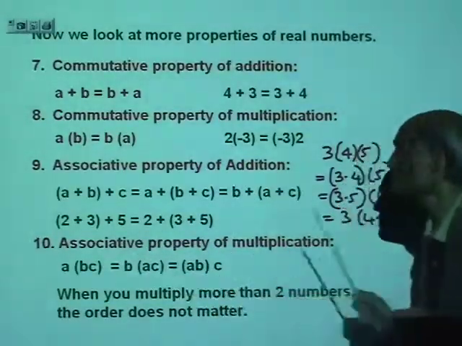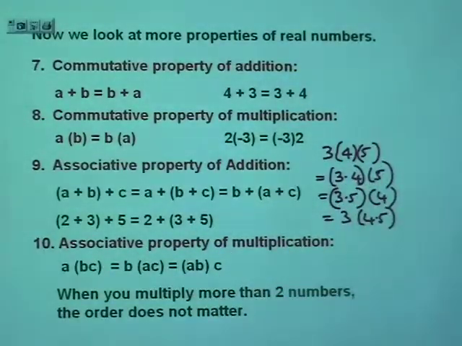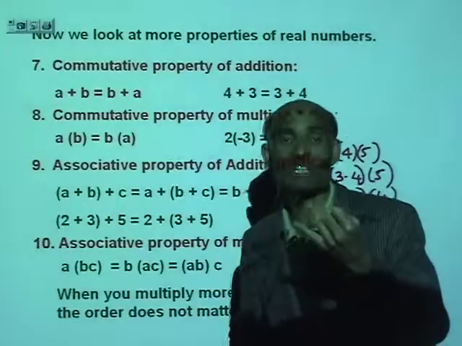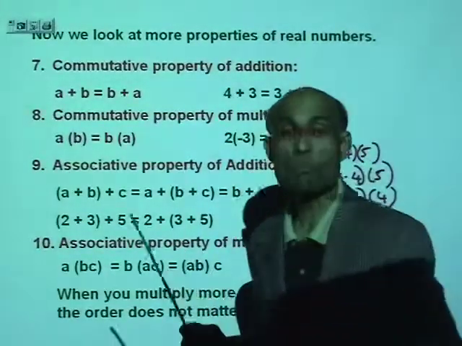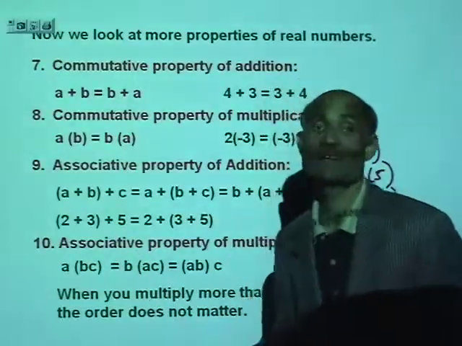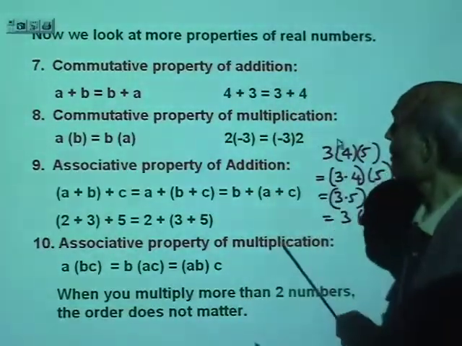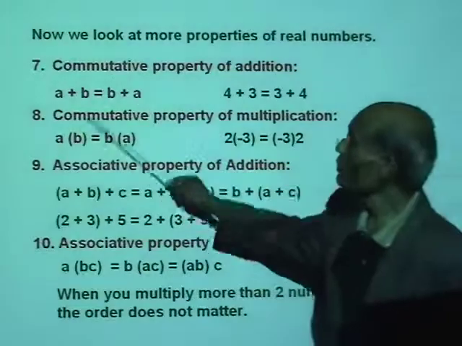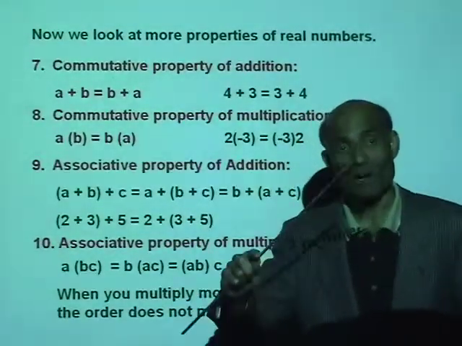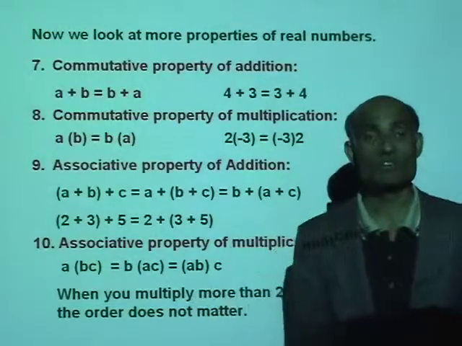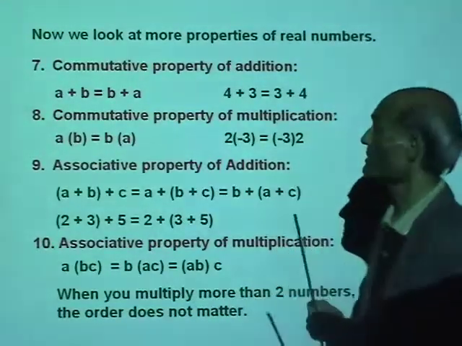That is the associative property of multiplication. So commutative property and associative property can be applied to both addition and multiplication. Okay, we have now talked about 10 properties of real numbers. I want you to review these so that you are very familiar with them.